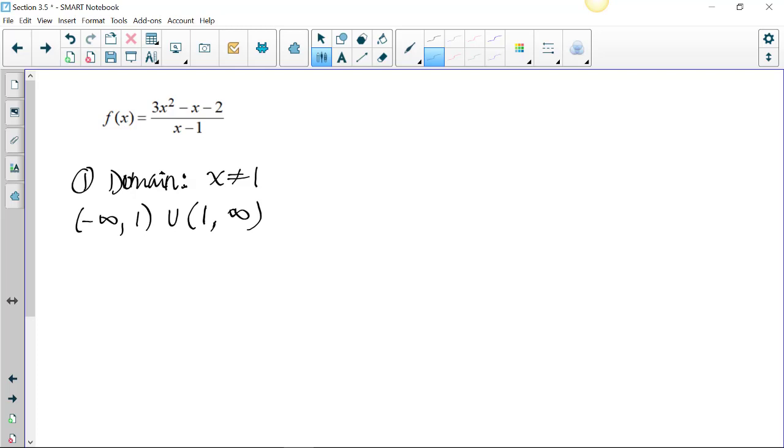Okay, then step number 2 would be to factor the numerator, because we're looking for common factors. So when I factor the numerator, greatest common factor, all three terms do not have a common factor.